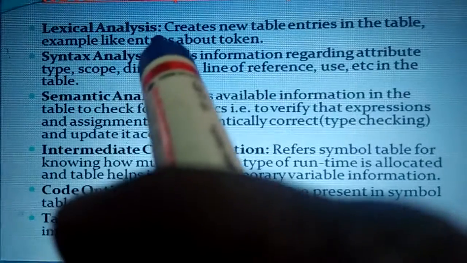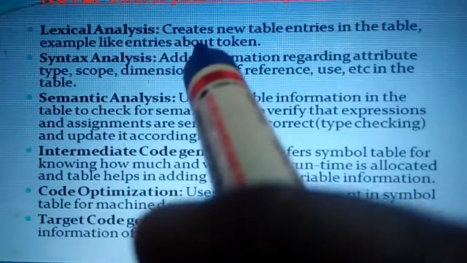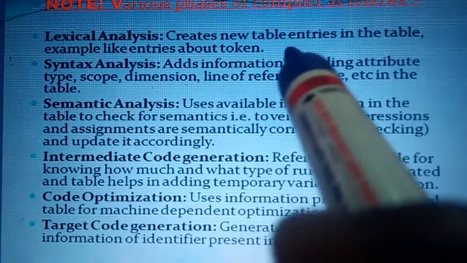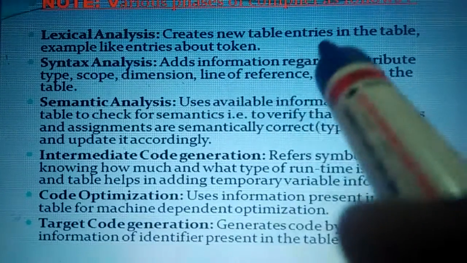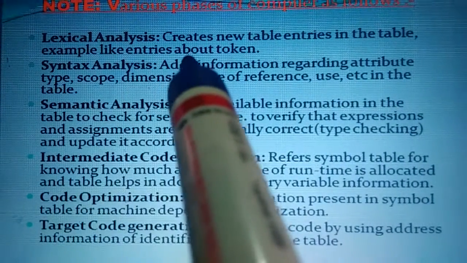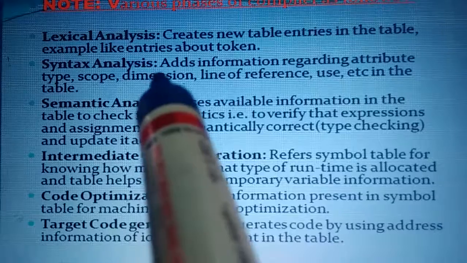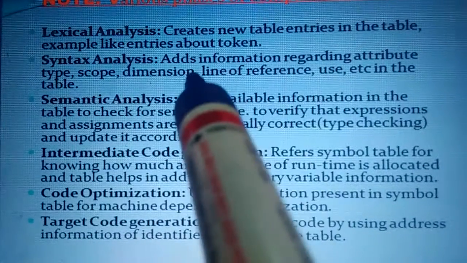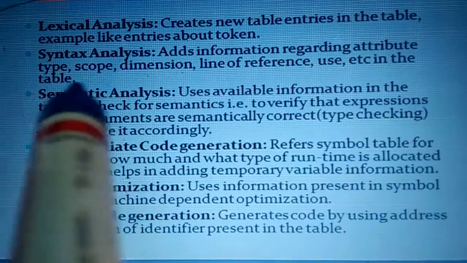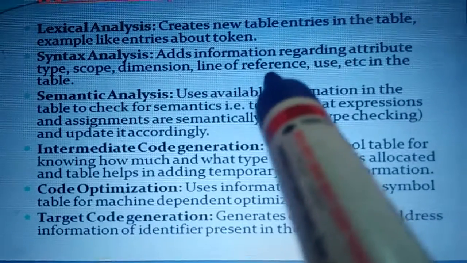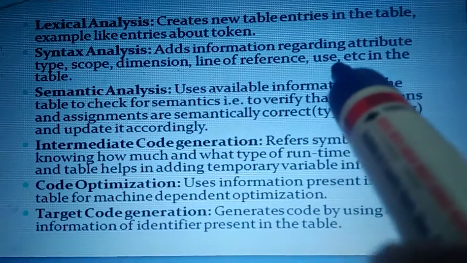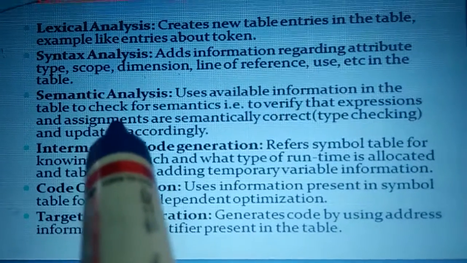What will the syntax analysis do? Syntax analysis creates the table entries in the table, like it makes the entry of the token, and syntax analysis adds the information regarding the attribute type, its scope, dimension, line of reference, and their use, etc. in the table.